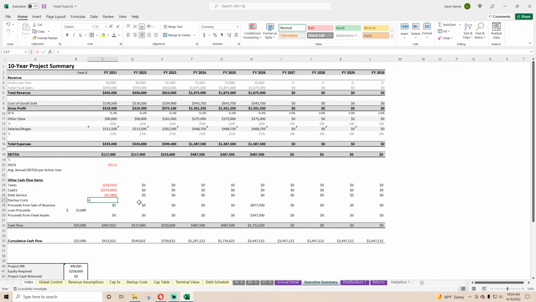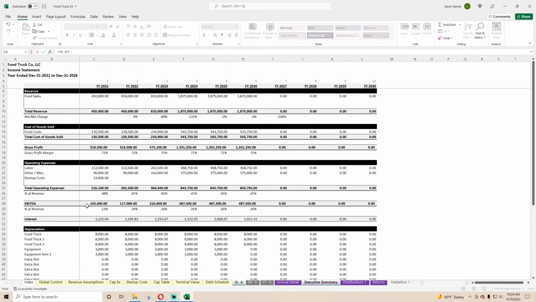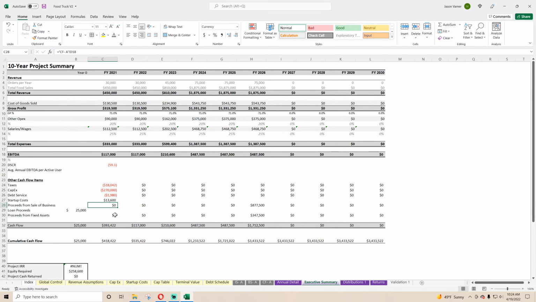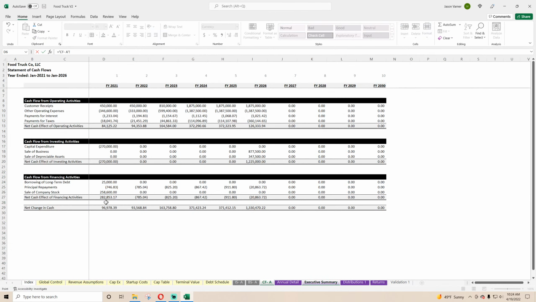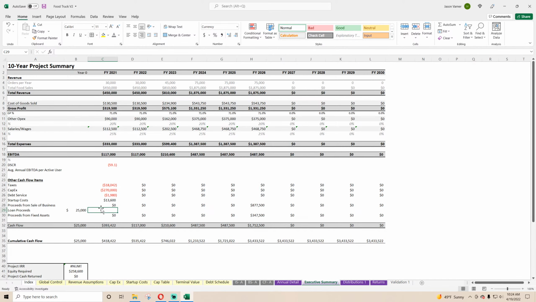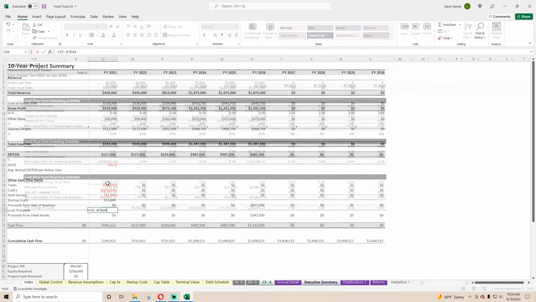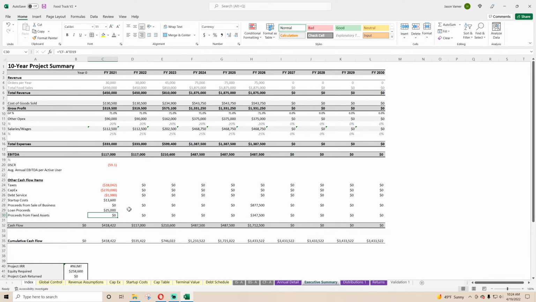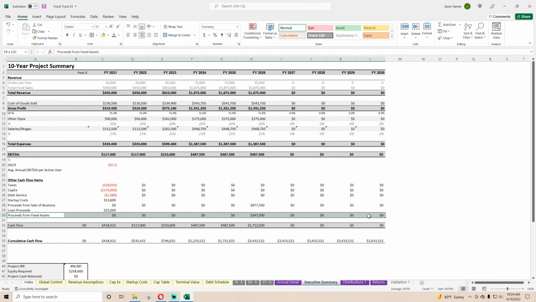We're just going to go all year one. So startup costs. Proceeds. Loan proceeds. And yeah, we're not going to separate these.